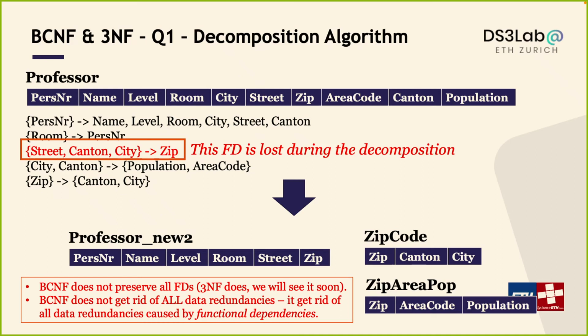So it's only one type of data redundancy. It doesn't get rid of all the data redundancy. It just gets rid of all the data redundancy caused by functional dependency. Later we are going to see another type of dependency between attributes where even BCNF doesn't get rid of the data redundancy. So this is the property of BCNF decomposition.